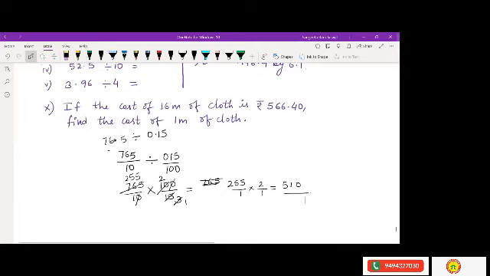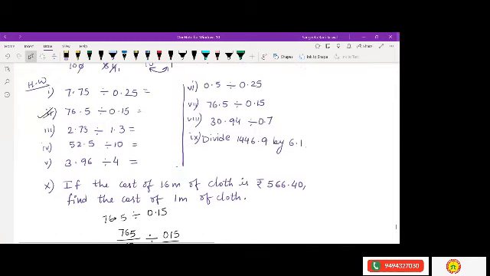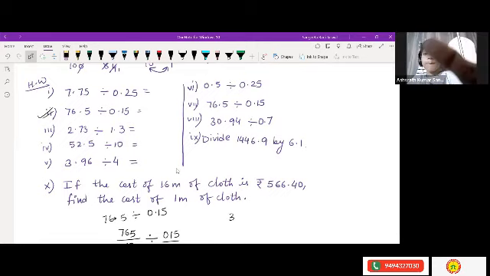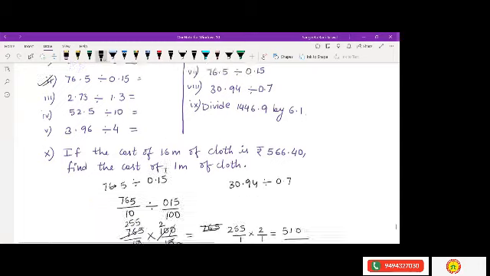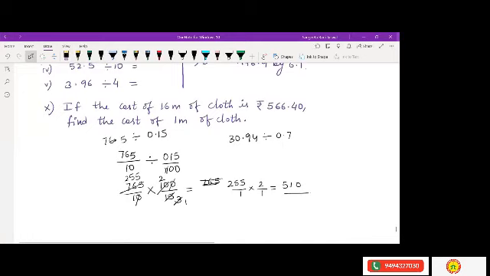So the first thing is to convert the decimal to fraction form. And then you divide the fraction the same way. Okay. You want to try one more? Okay, I'll show you this. 30.94 divided by 0.7. So you do this now, convert it to fraction first. I'll write it here, 30.94 divided by 0.7.